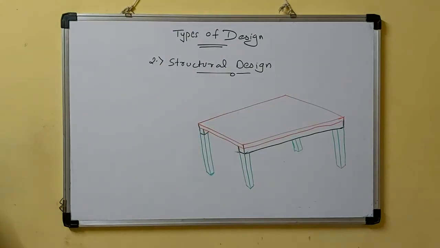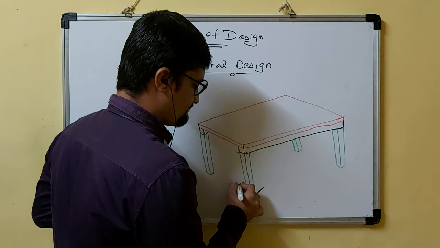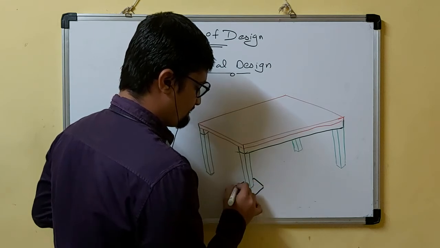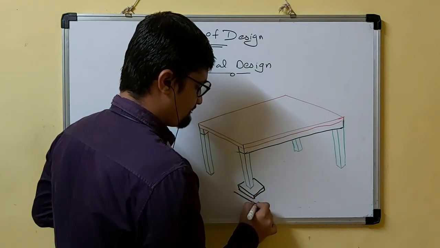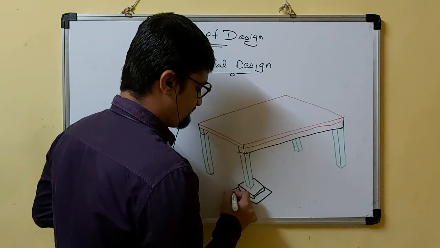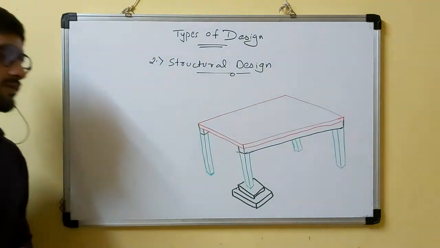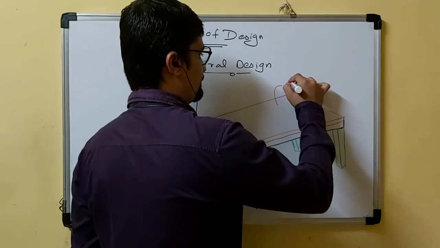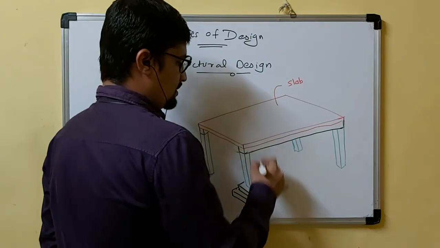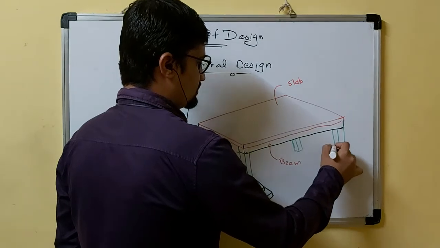This one is slab. This one is beam. This one is column.